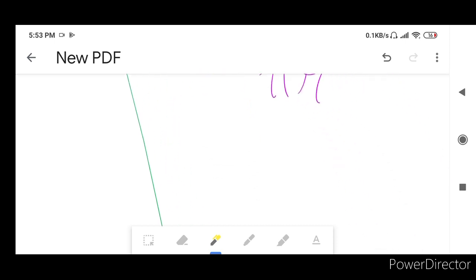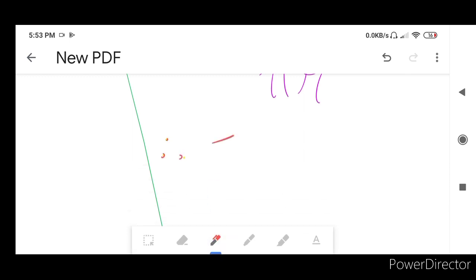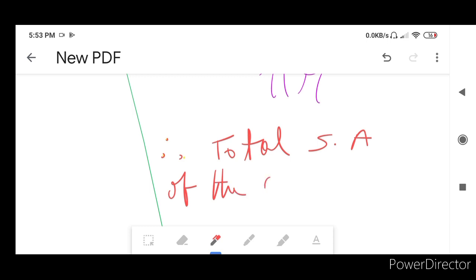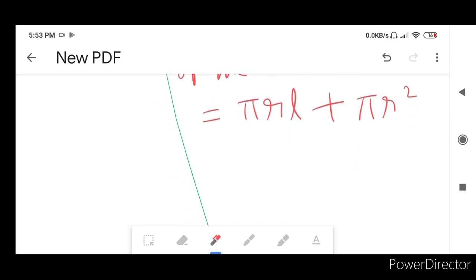So therefore total surface area of the cone is equal to pi r l, that is the curved surface area of the cone, and the next one is pi r square. Pi r square is basically the area of the circle.